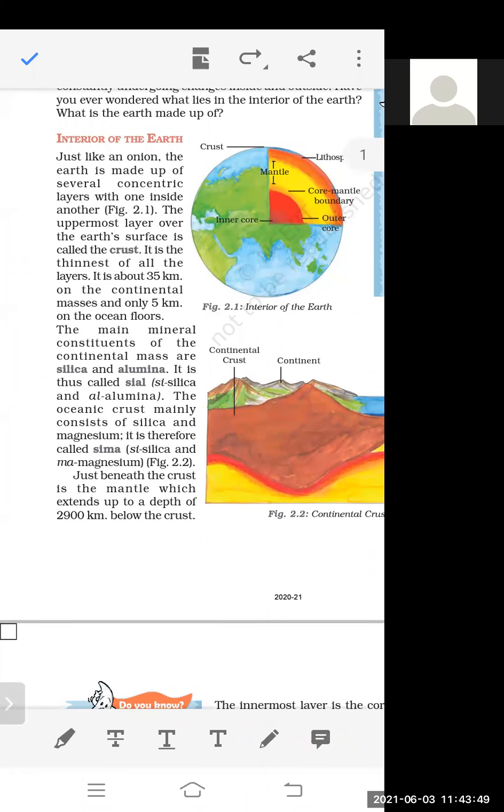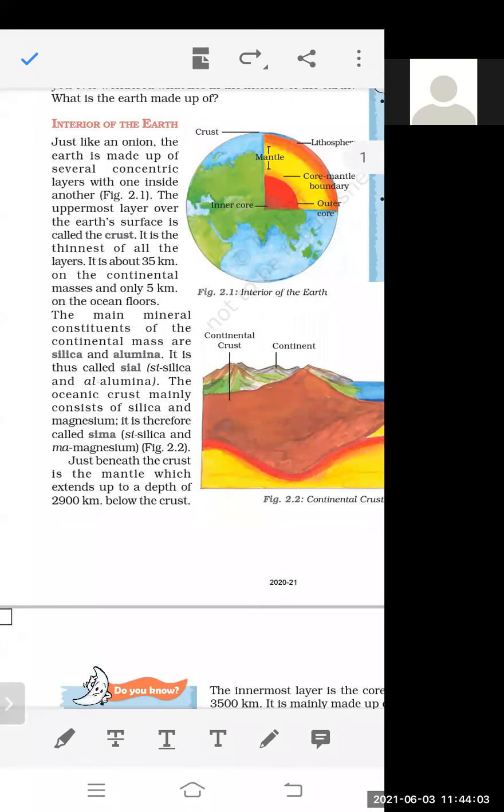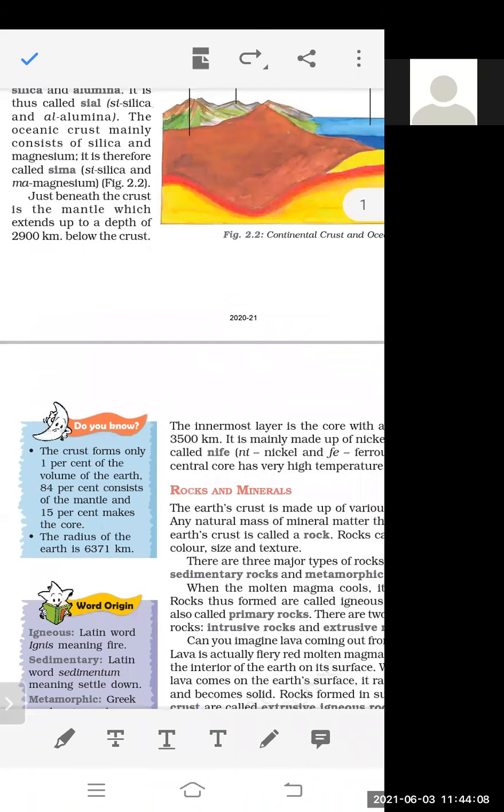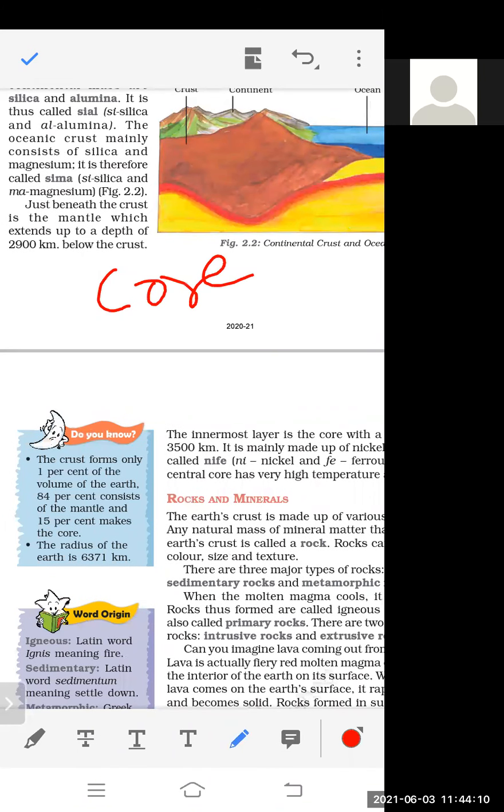So most of our knowledge is based upon the mining process, volcanic eruptions, and the oil drilling projects, right? So we came to know about the earth crust only about 4 kilometer deep through the mining process in Africa. The third and the innermost layer is known as core, right?